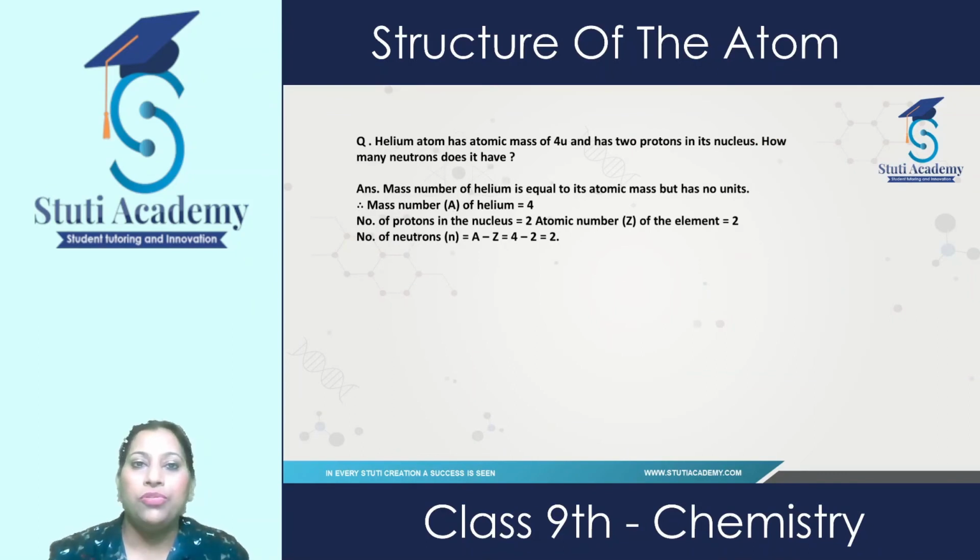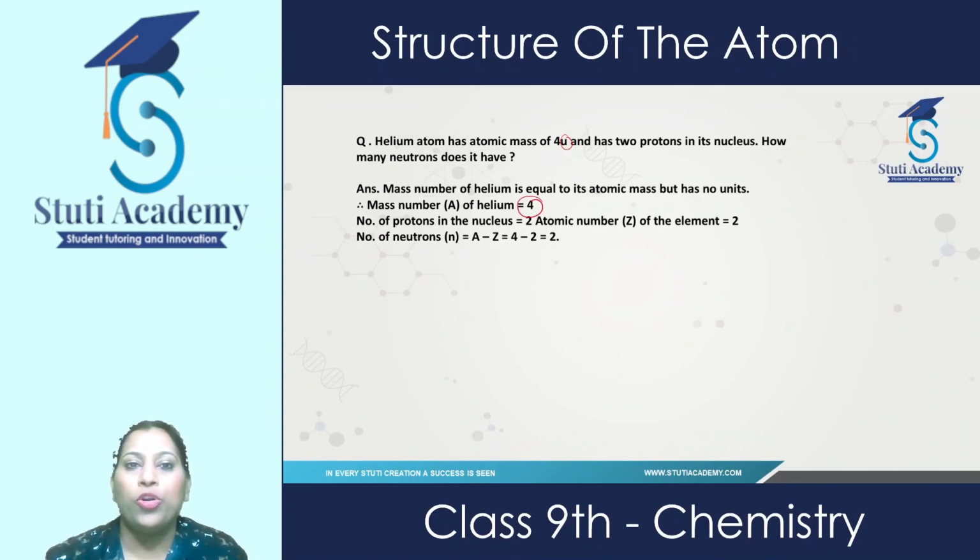Then question number 2. Helium atom has atomic mass of 4 mu. This is the unit of atomic mass. And it has 2 protons in its nucleus. How many neutrons does it have? Mass number is equal to the atomic mass, they both do not have any units. Mass number is 4.